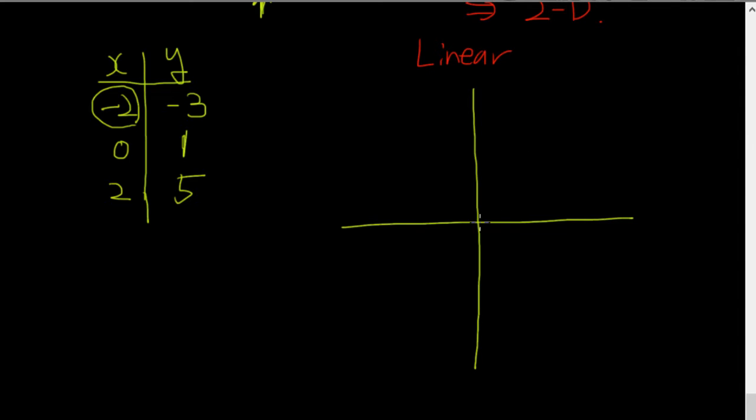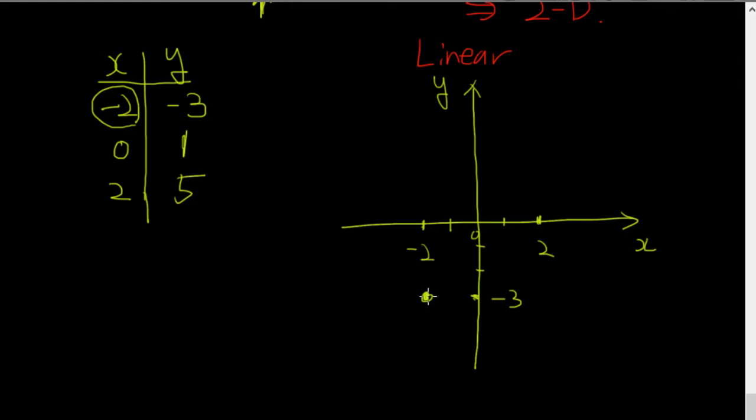Okay, a little better. So -2, and +2, that's 0. This is the x side, this is the y. When x equals -2, y is going to be 1, 2, 3, -3.